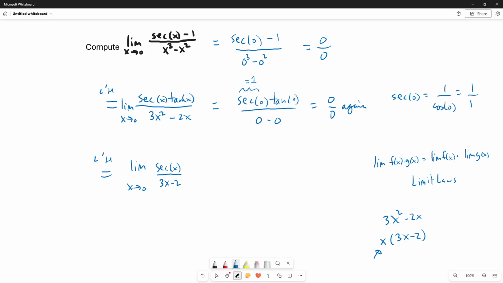It's going to be a non-zero number over a non-zero number. And then we will multiply this by the limit as x approaches 0 of tangent x divided by x. So we really didn't use L'Hopital's rule just yet.